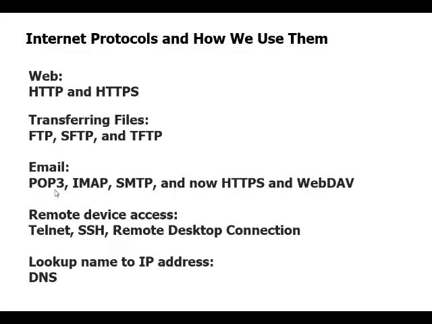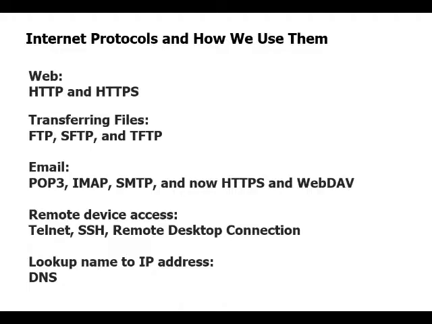POP3, Post Office Protocol, IMAP, Internet Message Access Protocol, and SMTP, Simple Mail Transfer Protocol. We use SMTP actually to send mail from our device out to the internet. POP and IMAP are used to retrieve mail messages from the internet down to our device.